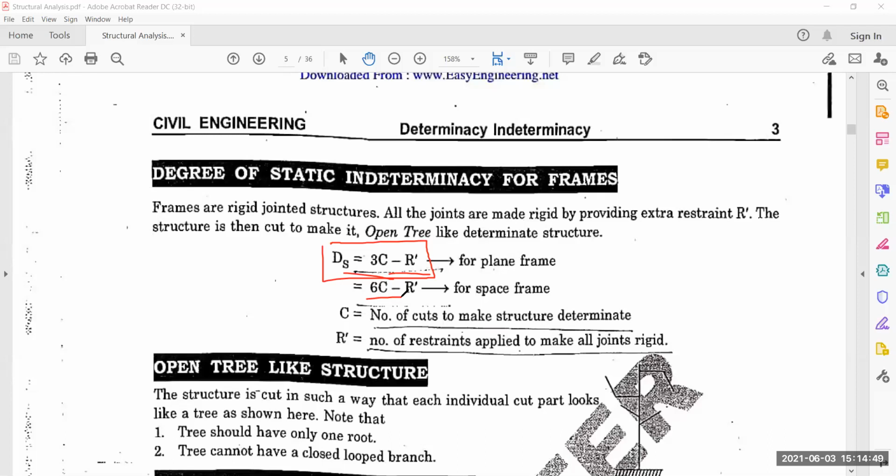For fixing them, we require a certain number of restraints or constraints, which we count to make all our joints rigid joints.